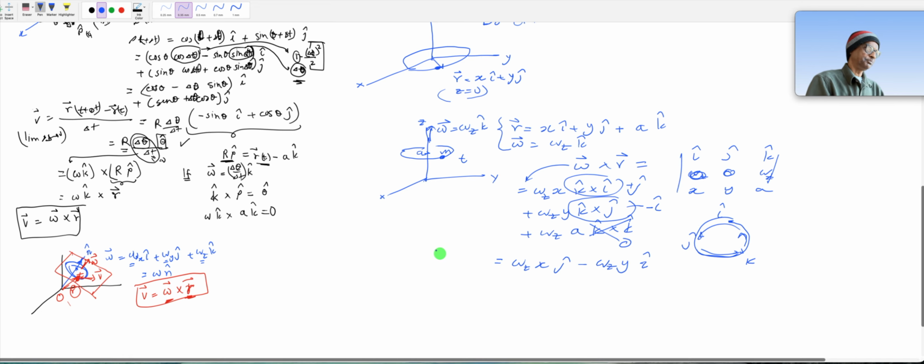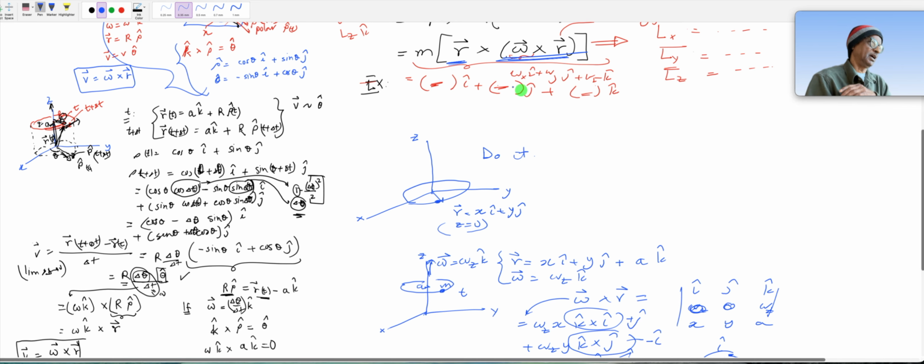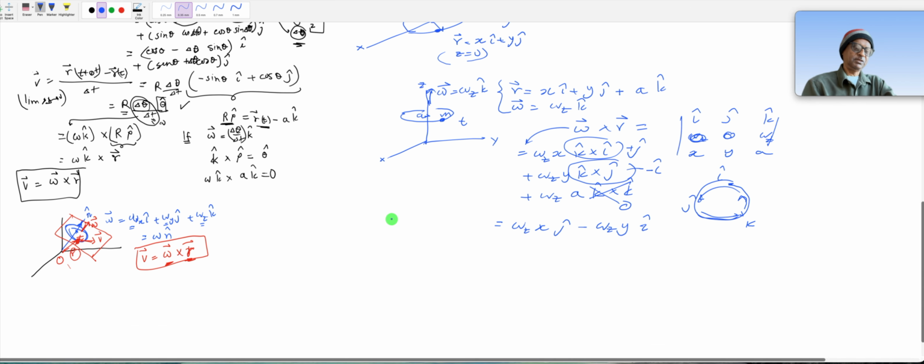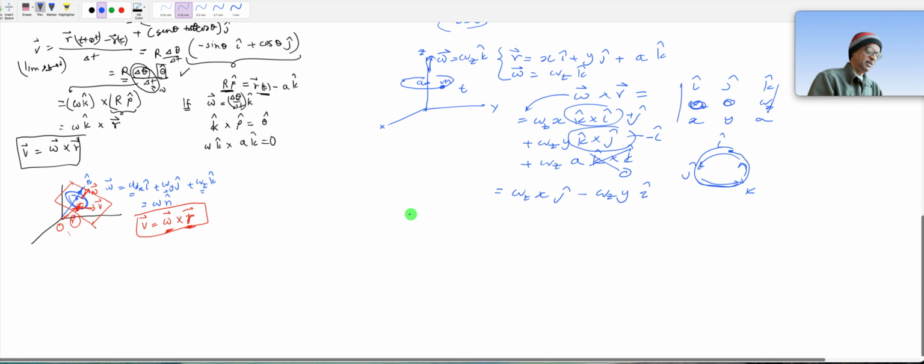Now the next step is to actually do r cross the result of that. So let's do it very quickly.